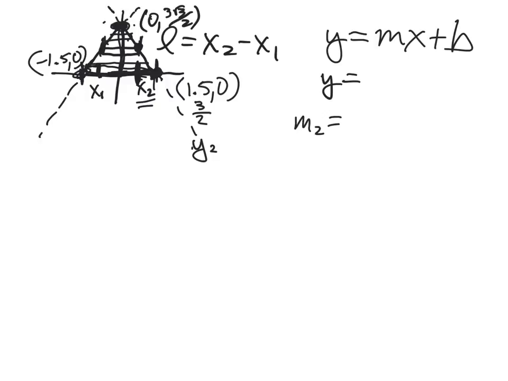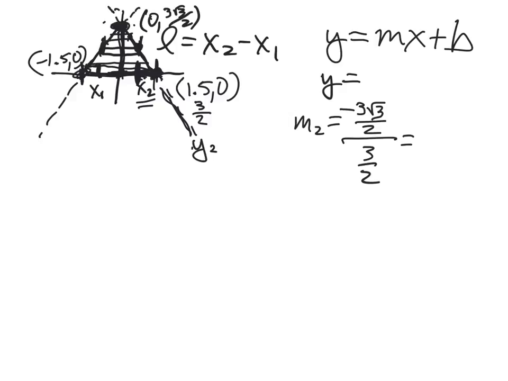So the slope of our second line over here is the change in y over the change in x. Actually it'd be down, so negative. So change in y, we go down 3 square root of 3 over 2.